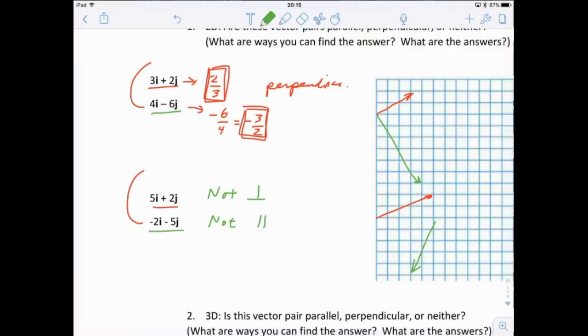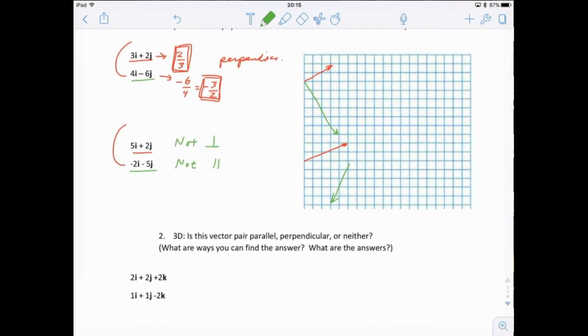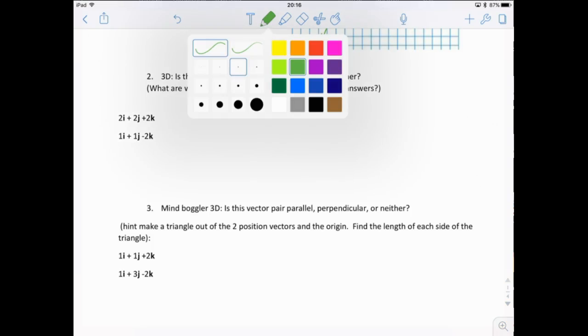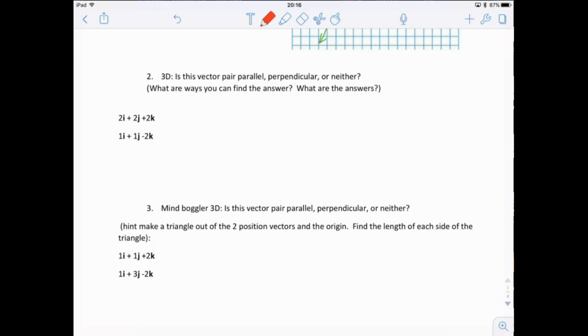All right, moving on. Number two, they give us two 3D vectors, and they're asking us, is this vector pair parallel, perpendicular, or neither? What are ways you can find the answer? Okay, so looking at these two, we notice that there's a pattern here, 2, 2, 2, and this one has 1, 1, something.